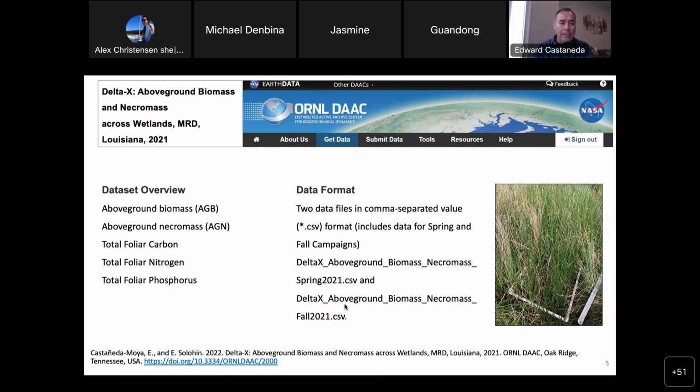We also collected samples to assess total foliar carbon, total foliar nitrogen, and phosphorus. Within these permanent plots, basically 0.25 square meters, we harvest all the vegetation above the soil, and then we sort the vegetation between live and dead, and also by species composition.